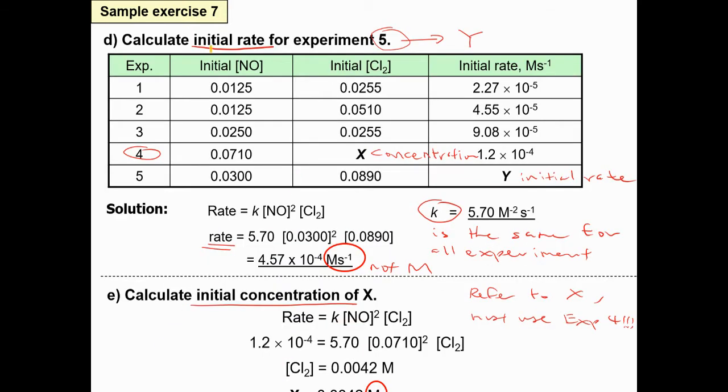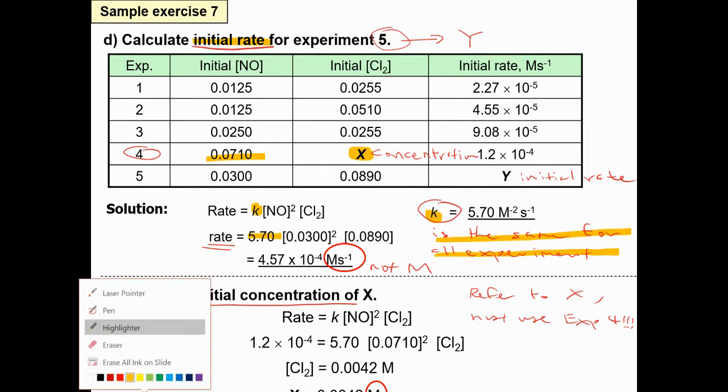Another one, we can find the initial rate for any of the experiments. For example, in this table, it is given for chlorine. So how do you find it? We've already found the rate constant. The rate constant is the same for all experiments at the same temperature. So you substitute the rate constant, then you have nitrogen monoxide. Oh, sorry, this now should be number 5.